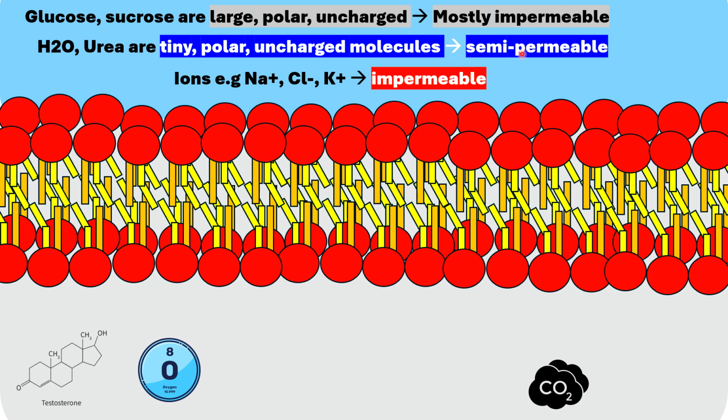This is just something that you need to remember. Okay, so the worst thing we can have is a charged molecule. Then a polar uncharged molecule is semi-permeable because it's tiny in the case of water and urea. But if it's large, like glucose or sucrose, it's mostly impermeable.